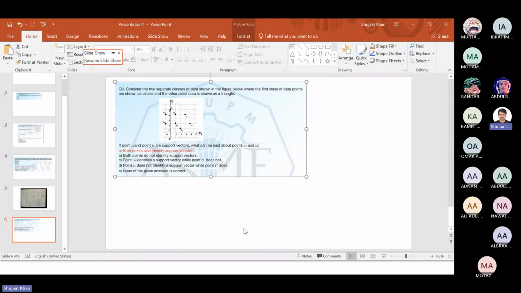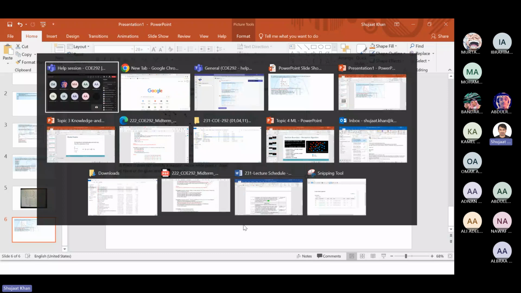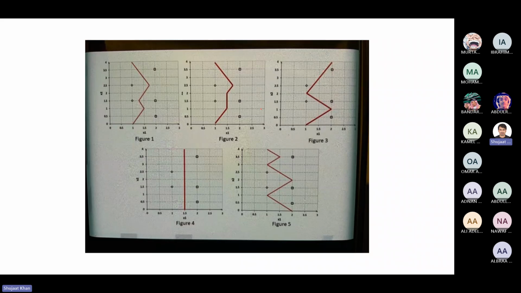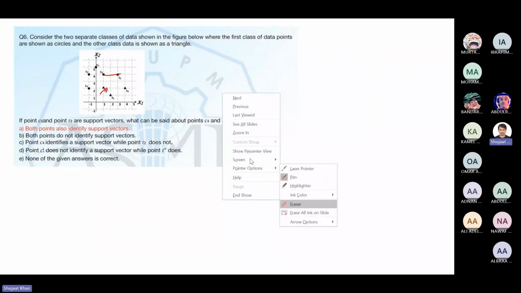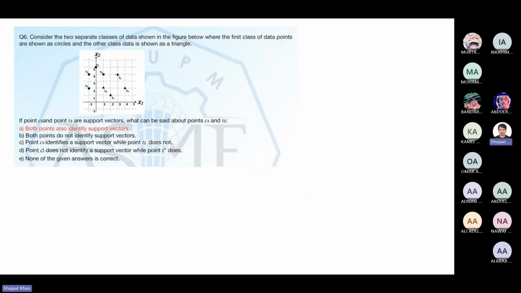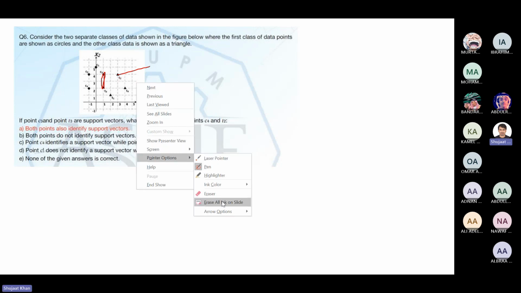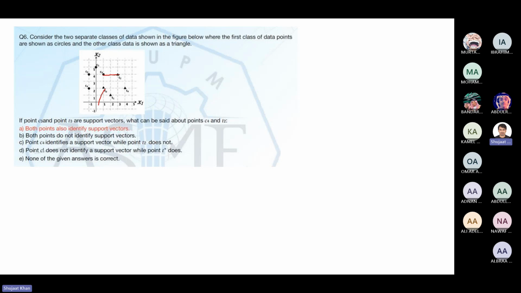So the difference between this one and the previous one: here, if I remove this point, the margin will not change. This is the minimum margin. But if I remove this one, the minimum margin is now this one. So this is why in the previous question it is not a support vector, but in this question, if you remove this point, the minimum margin is this one, and if you remove this point, the minimum margin is this.